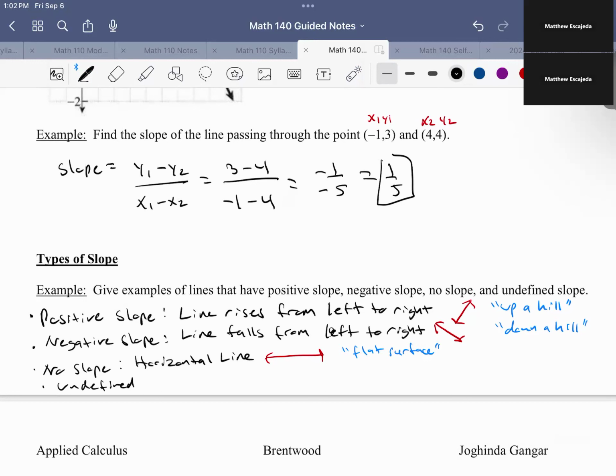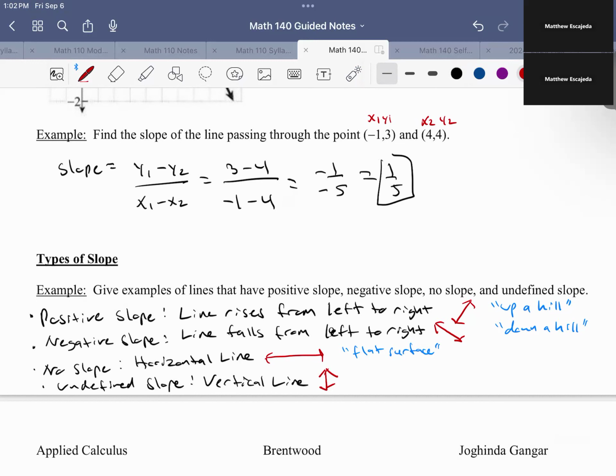Okay, last one is undefined slope. This is when you have a vertical line, a straight vertical line. It looks something like this. Straight vertical line like that.